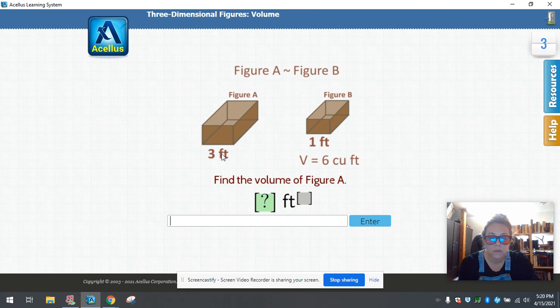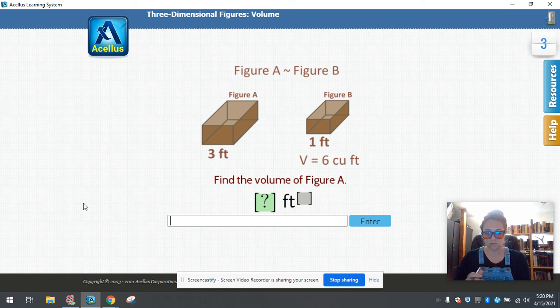Same thing that we're going to do for this one. Set up a proportional equation. I'm going to do this really, really fast because I have another meeting to go to. I'm going to put the little one on top. Cubed, 1/3 cubed is 1 over 27. Trying to do things fast and make mistakes. 1 over 27 equals 6 over V. Cross multiply. 1 times V equals 6 times 27.